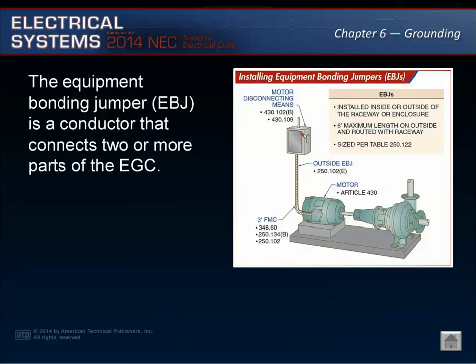The equipment bonding jumper is the conductor that connects 2 or more parts of the equipment grounding conductor. See Article 100. Like the main bonding jumper, equipment bonding jumpers are required to be constructed of copper or other corrosion-resistant materials. Section 250.102 contains the provisions for bonding jumpers.